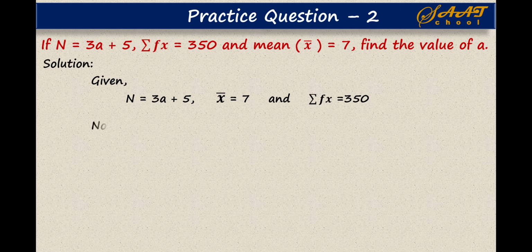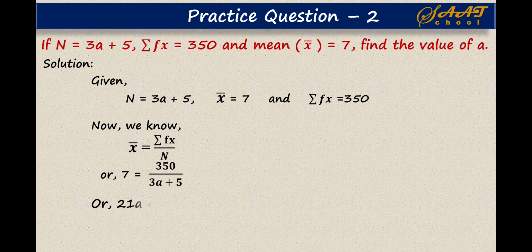Now using the relation between them, we have mean equals sum of fx divided by n. The value of mean is given 7, sum of fx is given 350 and n is 3a plus 5.